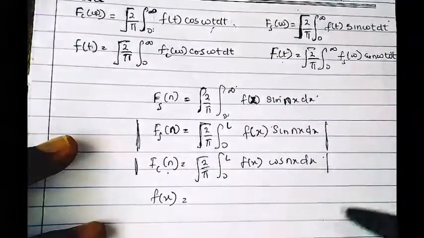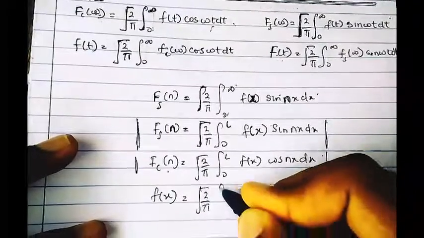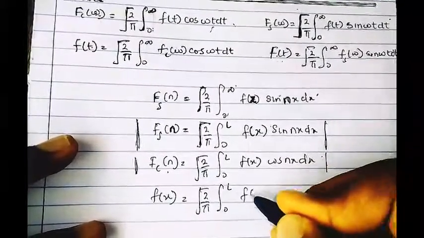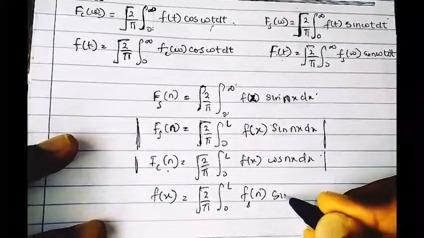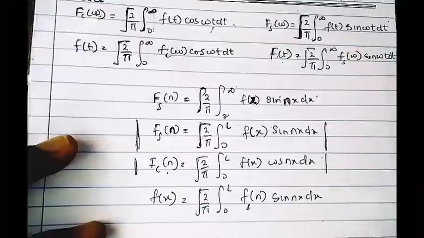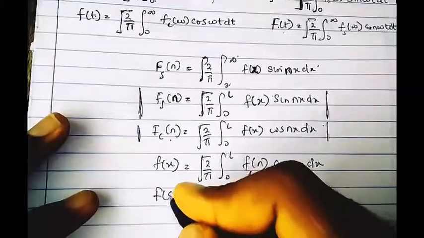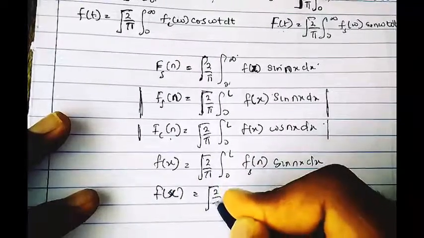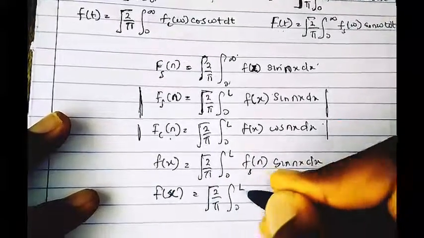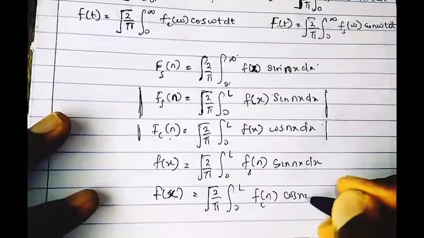For sine, function of x is denoted as square root of 2 over pi, integral from 0 to L, of the sine transform of n times sine nx dx. And function of x for your cosine transform can be denoted as square root of 2 over pi, integral from 0 to L, of the cosine transform of n times cos nx dx.